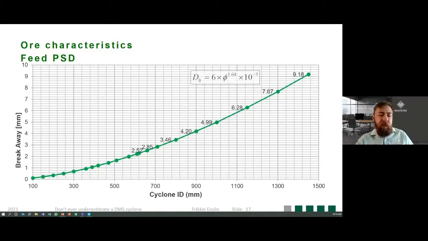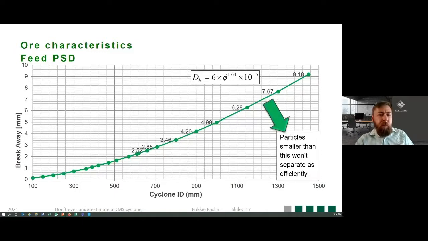There's a simple formula you can have a look at to calculate it. Important here is that if we look, for example, at a 1150 cyclone, the breakaway size is 6.28 millimeters. It will still, however, be able to separate a 5 millimeter particle, but not as efficiently as the bigger particles anymore. So keep that in mind.